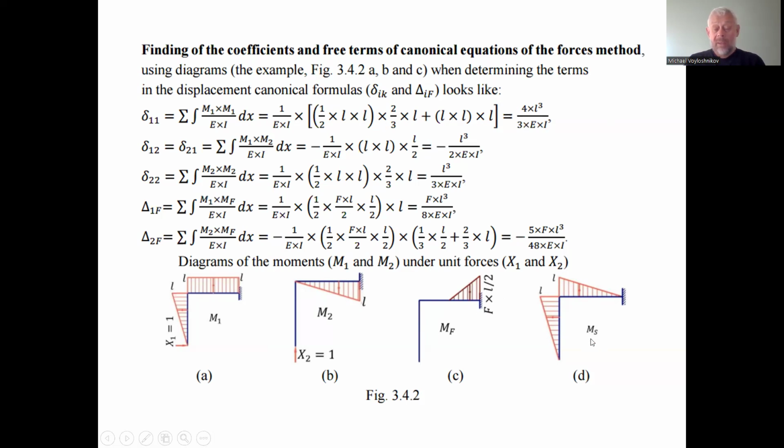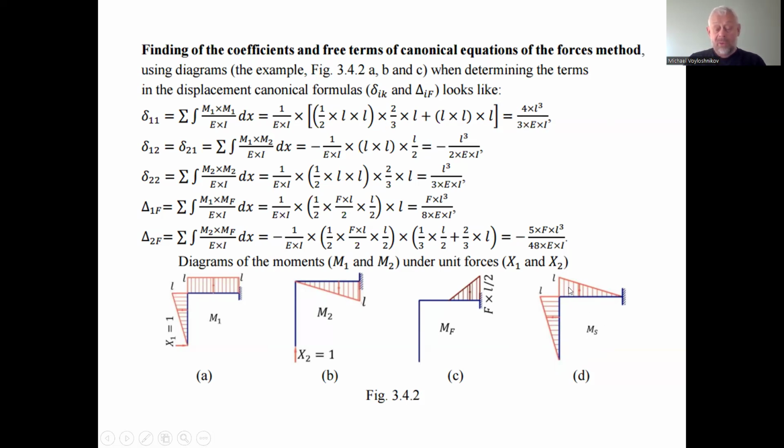To find the abstract displacement in the S direction under this load, we have the total of two summands of the canonical equations.